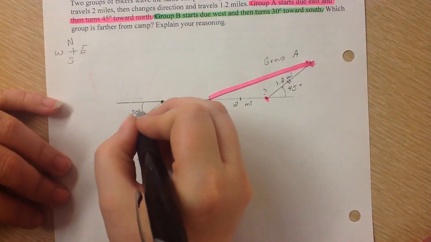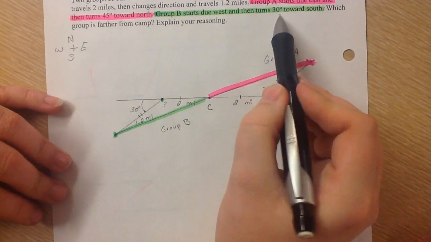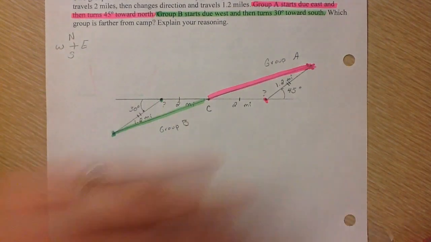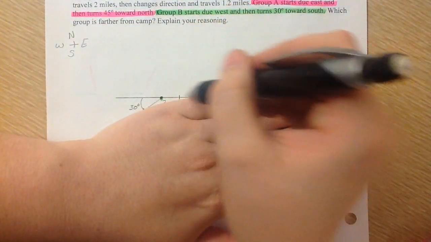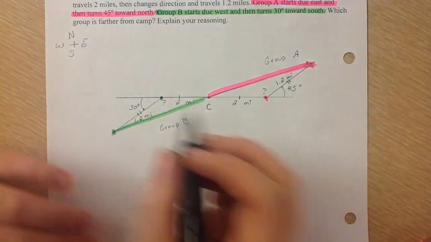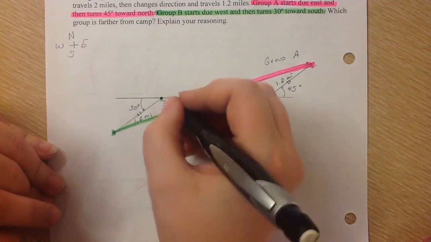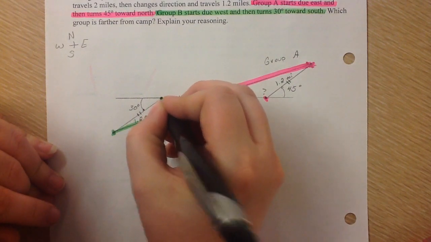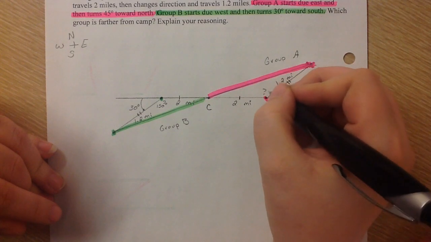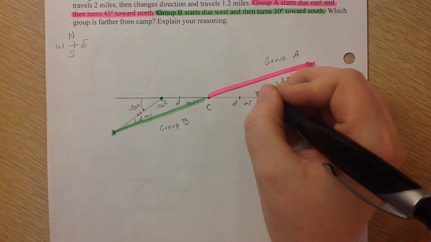Well, this is 30 degrees because they turned 30 degrees towards the south. So I'm wanting to know, what is this angle in here? Well, if we notice here we have a straight angle, so that means this has to be equal to 180. So if this is 30, 180 minus 30 makes this angle 150 degrees. This angle is 45. 180 minus 45 is 135 degrees.